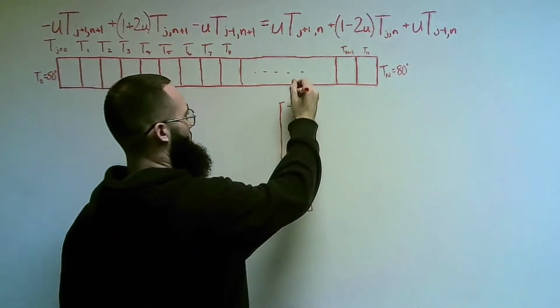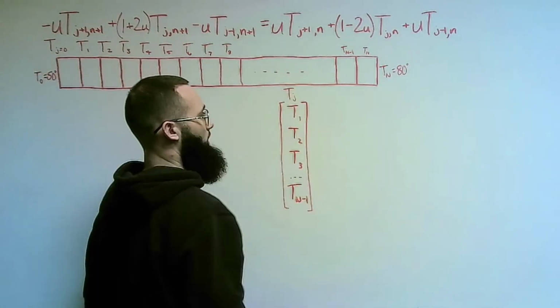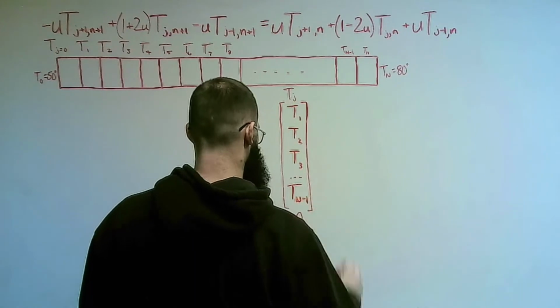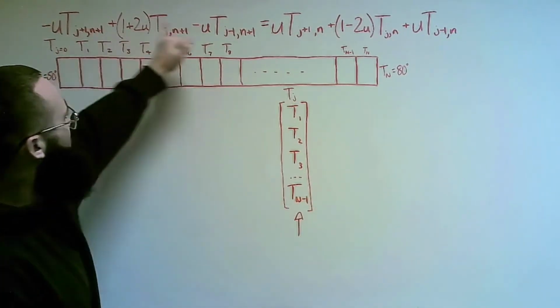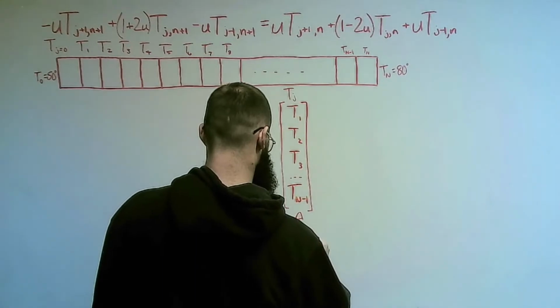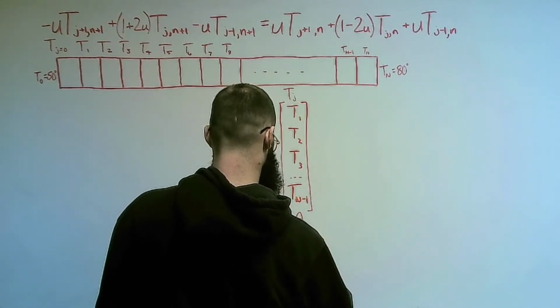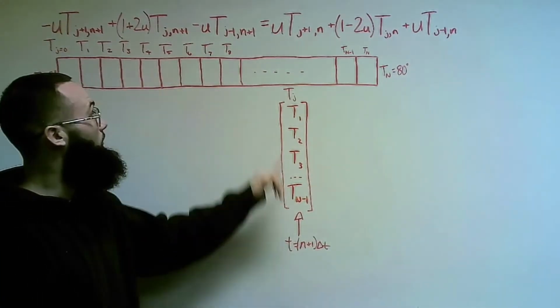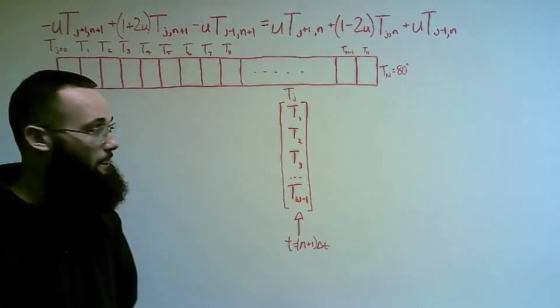And so this is going to be our vector of T sub j. These temperatures are coming from this left-hand side, so these are all going to be at time n plus 1 delta t, because these are all at the time interval n plus 1.